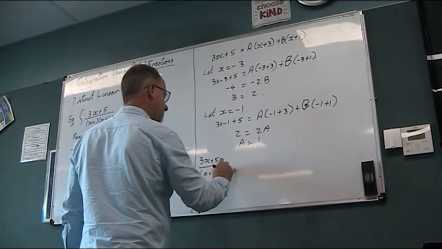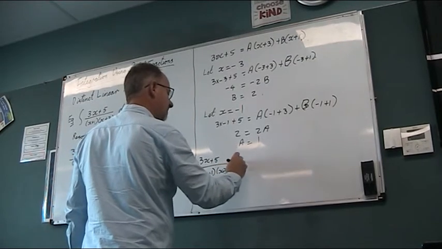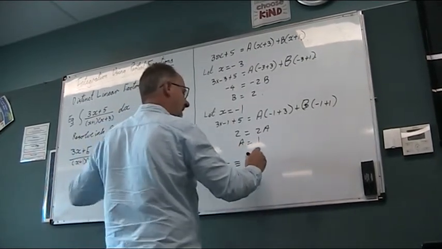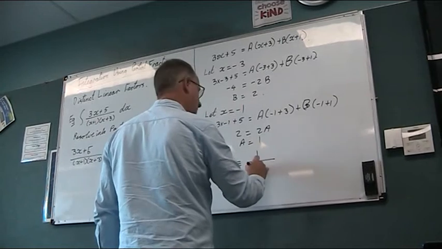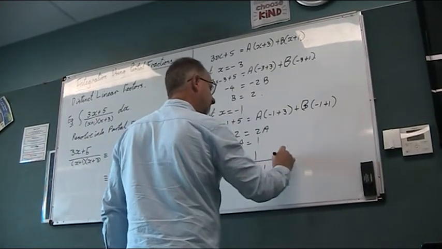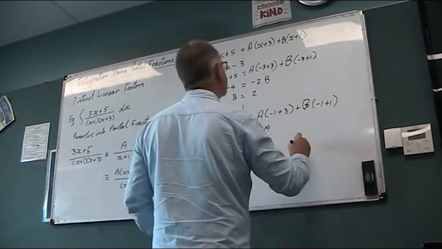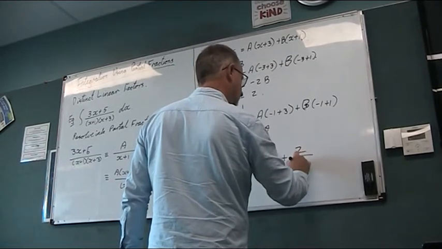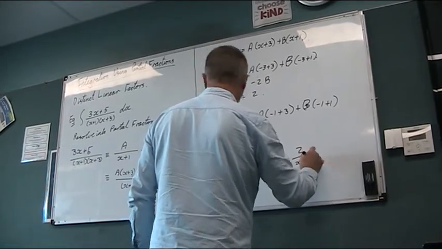So, from that, 3x plus 5 over x plus 1 and x plus 3 will be equivalent to a, which is 1, over x plus 1, plus b, which is 2, over x plus 3.